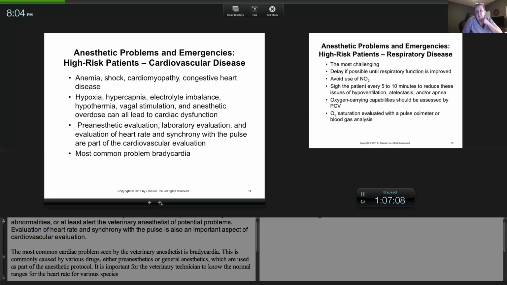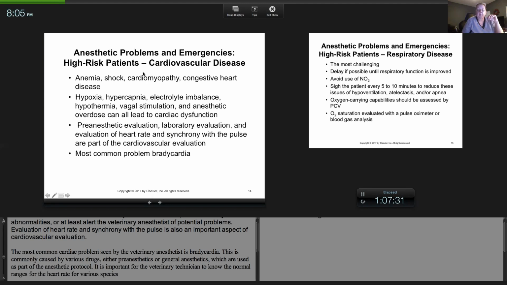Sometimes we give these guys a blood transfusion before surgery. It kind of depends on why they're going to surgery. Shock, if they come in hit by car, dog fight, and they come in very tachycardic, low blood pressure, that's a vascular issue. You need to give them IV fluids, give them pain medication, maybe prior to surgery.